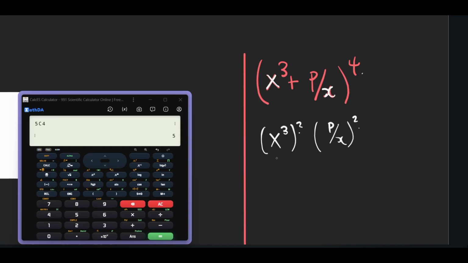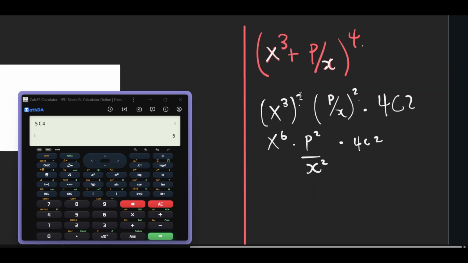If you check this, you'll have x to the power 6 times p to the power 2 all over x to the power 2. You can see the interaction of 6 and 2 is going to give us a power 4. This is also multiplied by, the total is 4, so this will be combination 2. So this is times 4 combination 2.